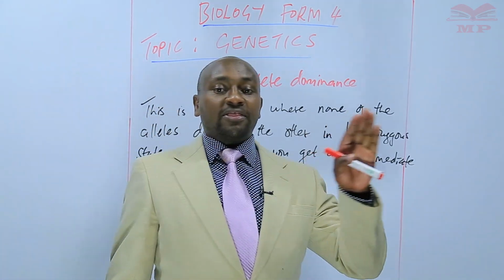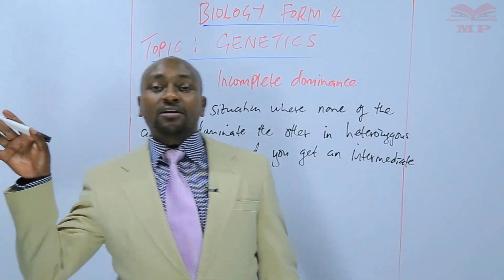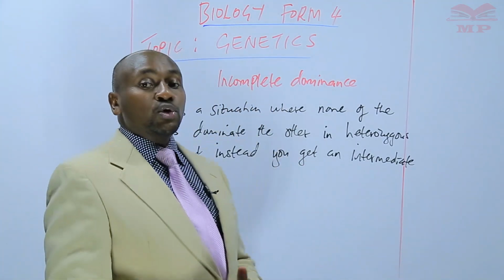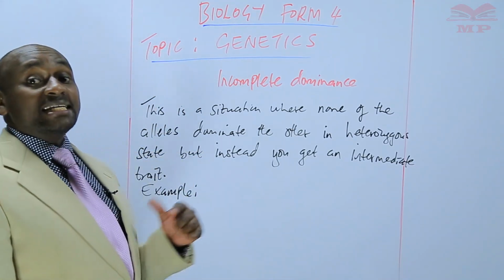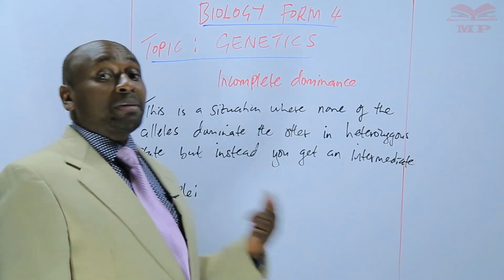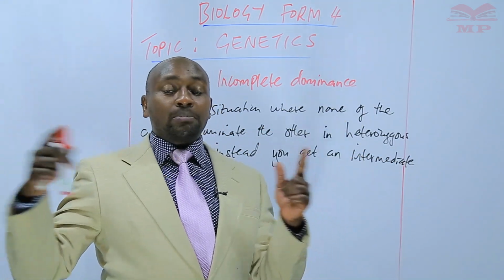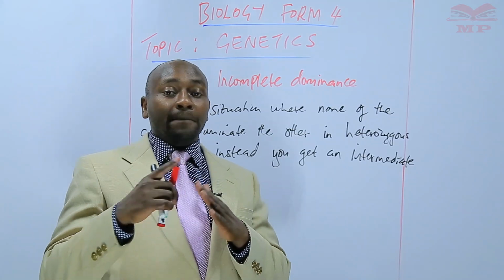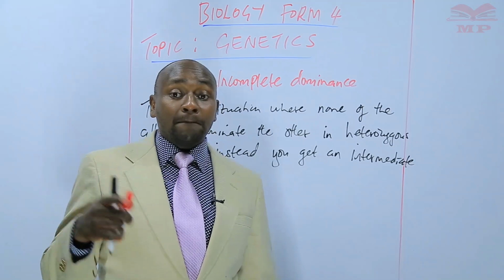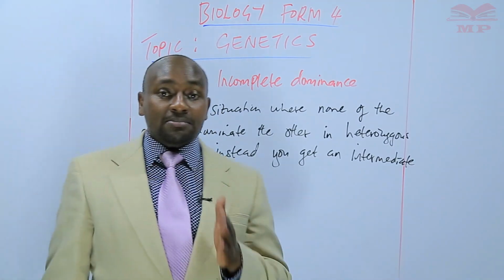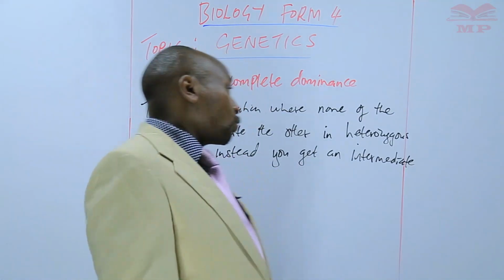If you take the red flowered plant and cross it with the white flowered plant, you do not get either of the two colors, but instead you get an intermediate color, and that is pink. So between red and white, you get pink, meaning that neither red nor white expresses itself, but they both express themselves in the form of an intermediate color.